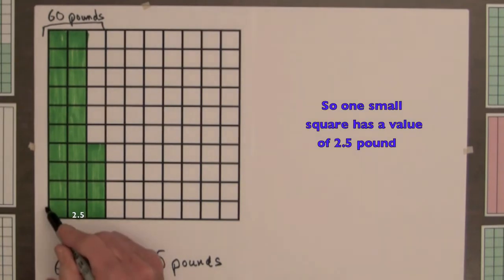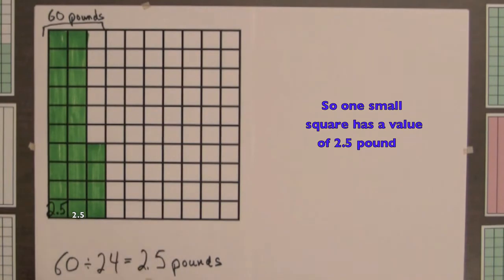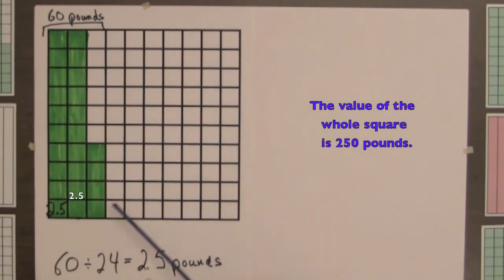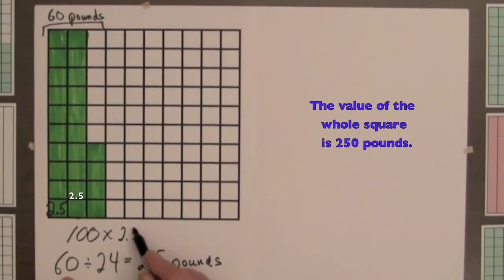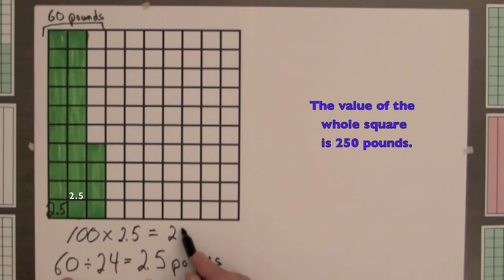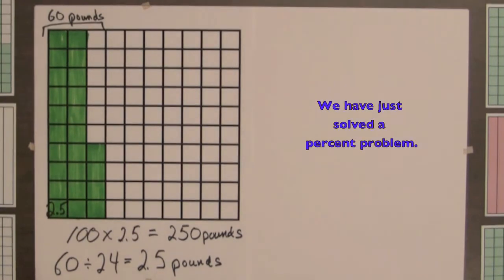So one small square has a value of 2 and 5/10 pounds. The value of the whole square is 100 times 2.5, and that equals 250 pounds. We have just solved a percent problem.